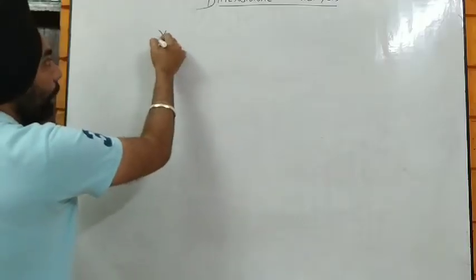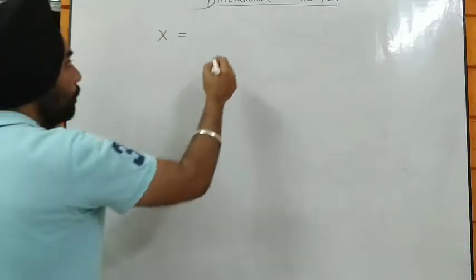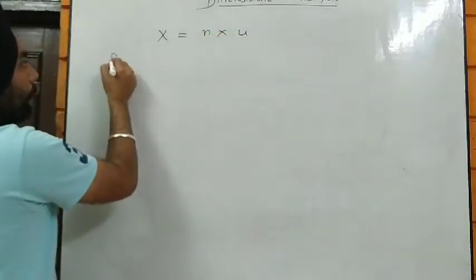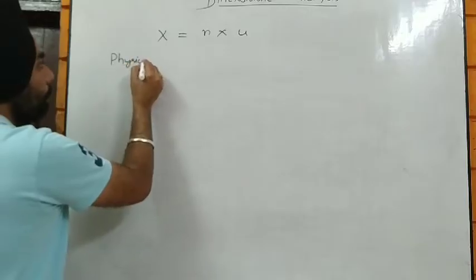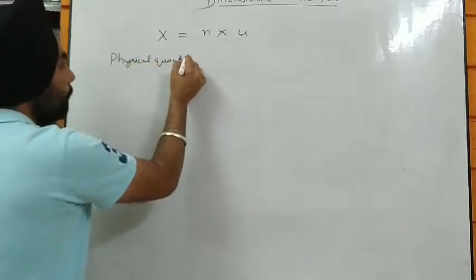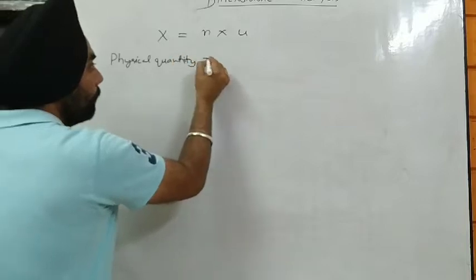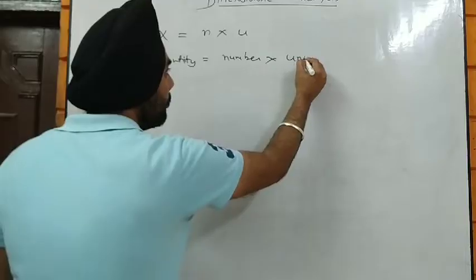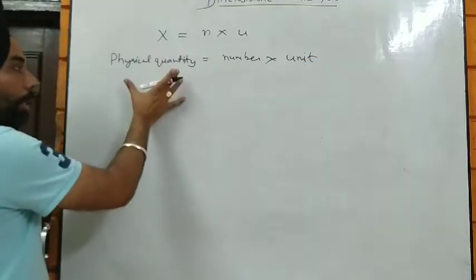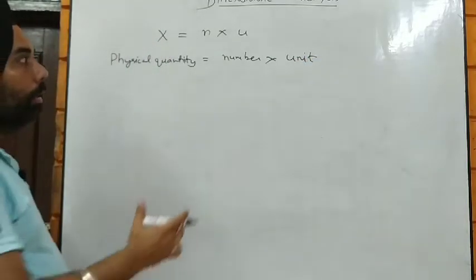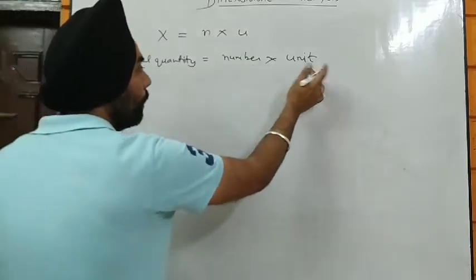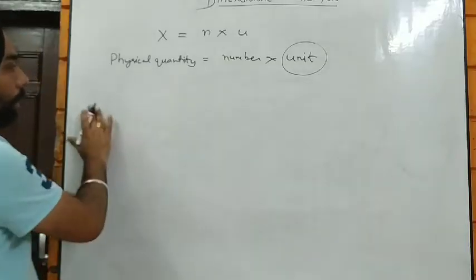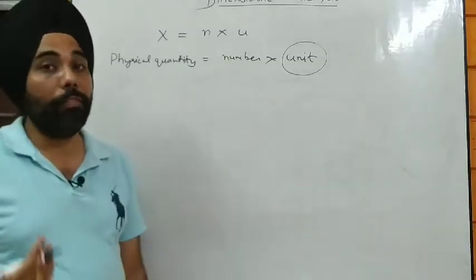Any physical quantity can be expressed as X = n u, where X is known as physical quantity, n is number, and u is unit. Any physical quantity can be expressed as the multiplication of number into unit. Now what are units? Units are the formats we have given for measuring any physical quantities.